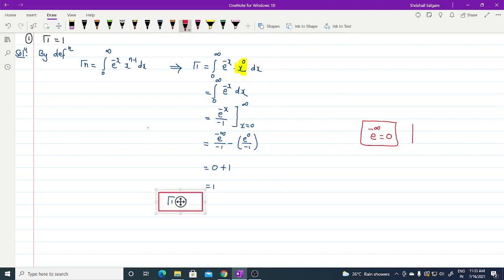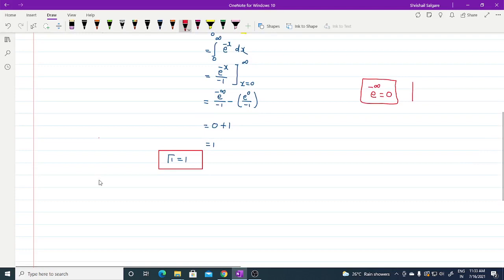Now the second property is gamma n plus 1. This is also called the reduction formula. The second property is gamma of n plus 1 is equal to n gamma n, if n is greater than 0.